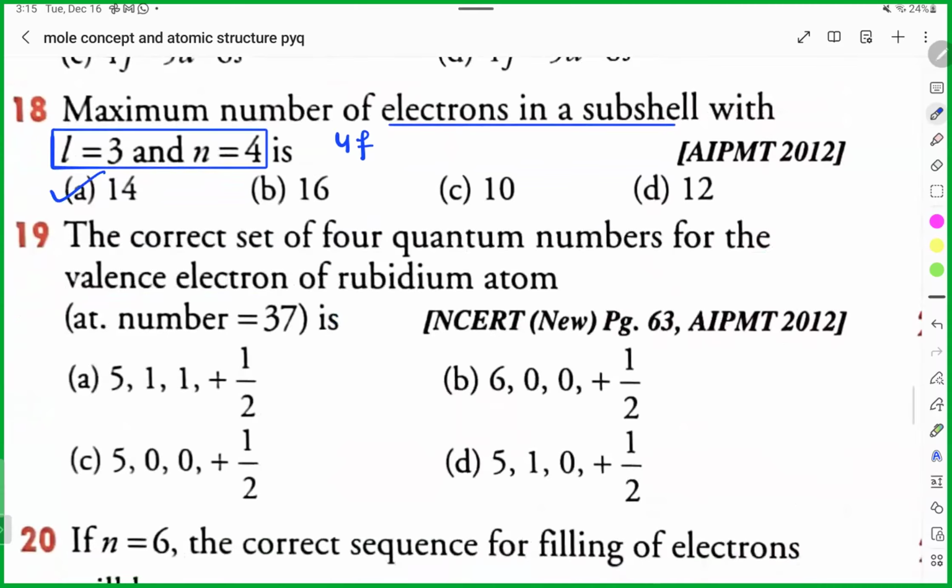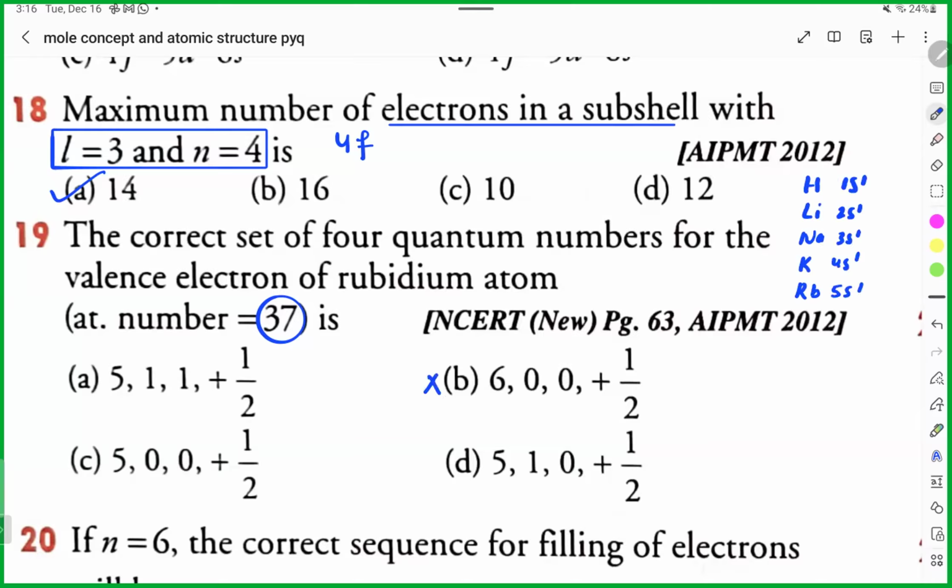But in the 19th question, the correct set of 4 quantum numbers for the valence electron in rubidium is... rubidium 37. So you know this is like this: 1s1, 2s1, 3s1, 4s1, 5s1.